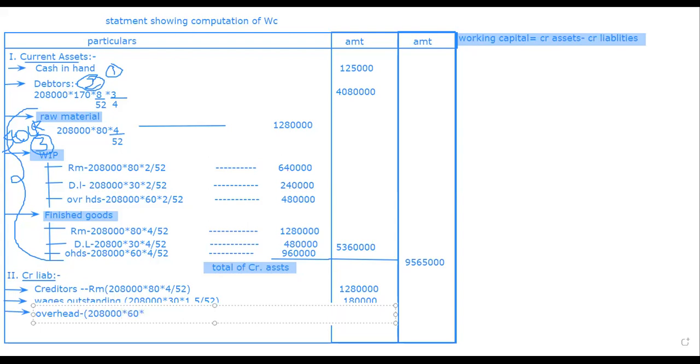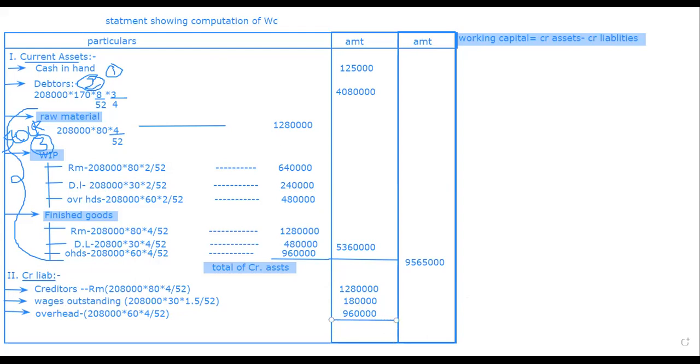And the 1 month is the time he said. So 1 month means 4 weeks, so divided by 7. When I do it, I'm going to get the answer as 9 lakhs 60,000. So this is the way I got all my current assets also. So here the main part is the calculation of the stock, which is very important. The rest all is going to be easy for you.